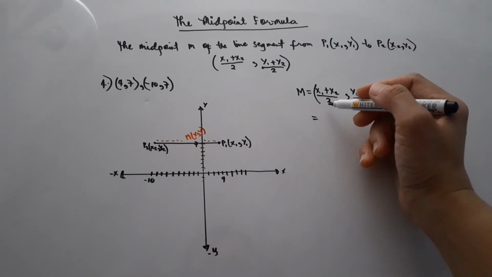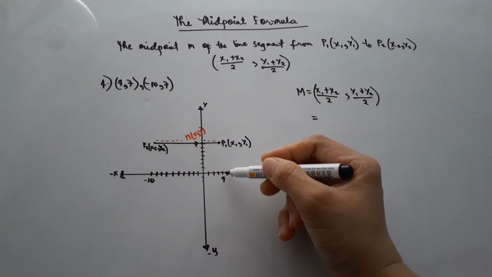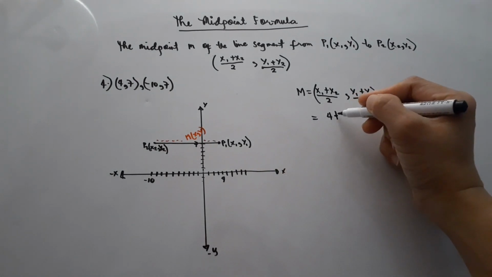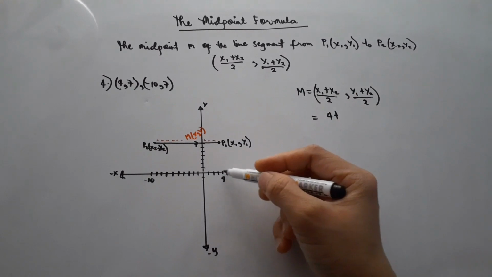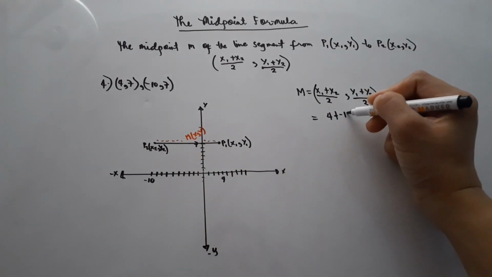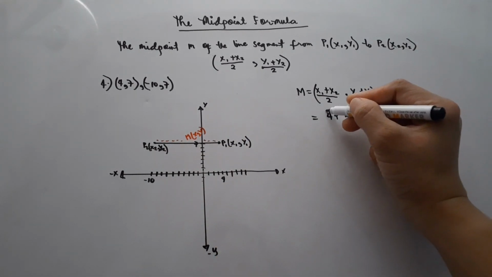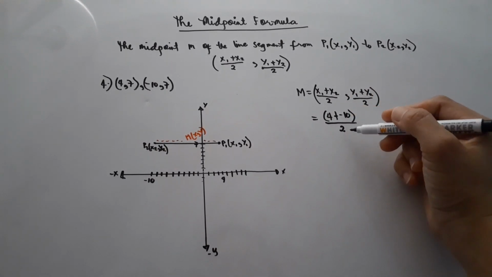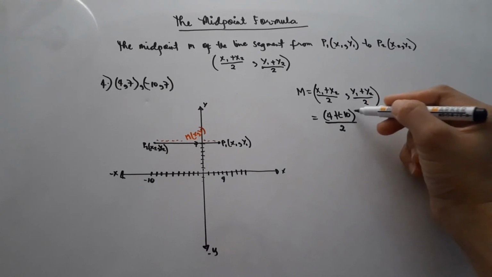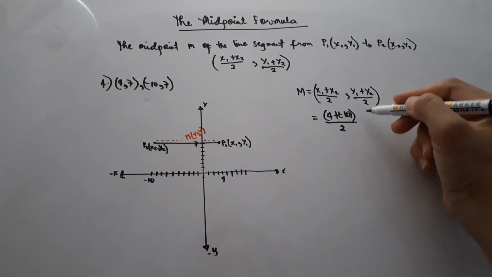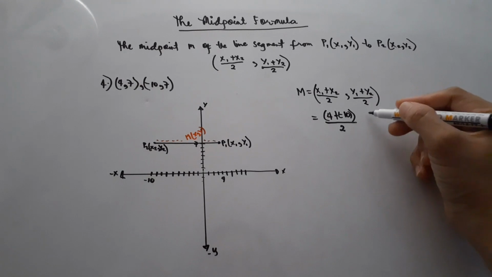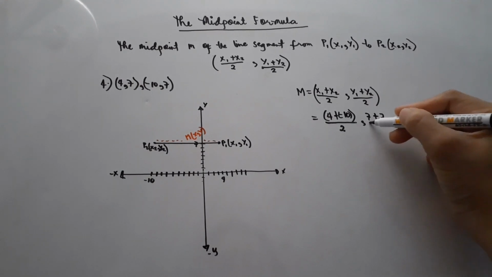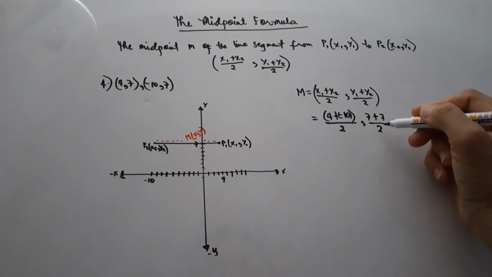We have positive 4, from the x-axis, added by x sub 2, which is negative 10, divided by 2. And then for y sub 1 we have 7 added by y sub 2. We have 7 also, divided by 2.